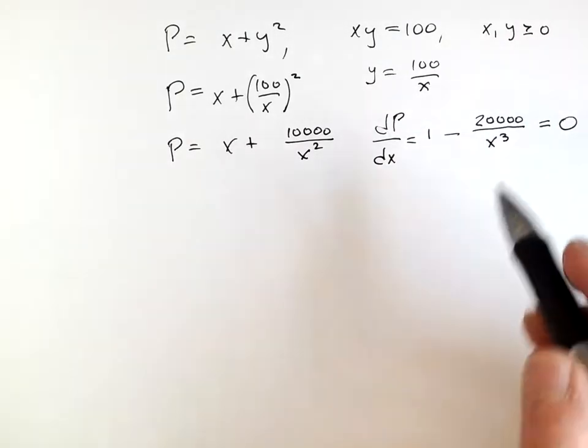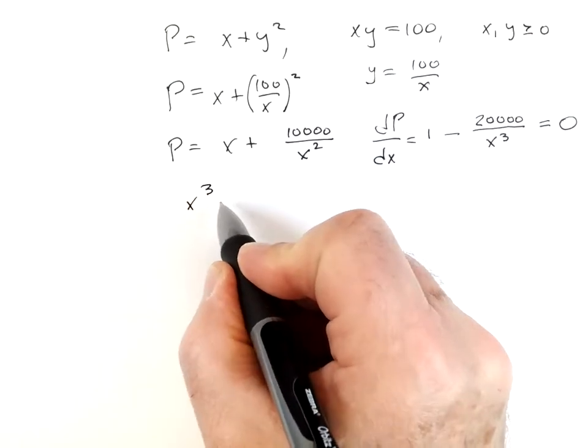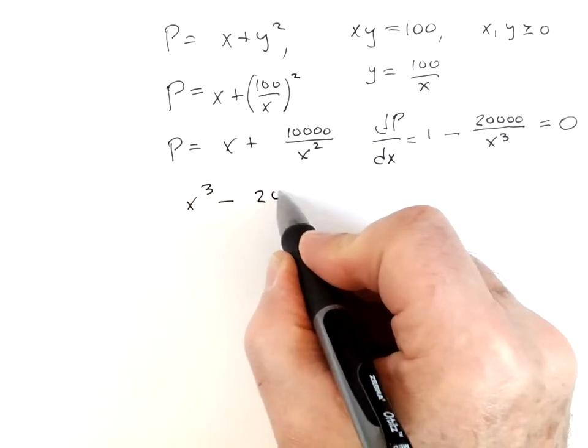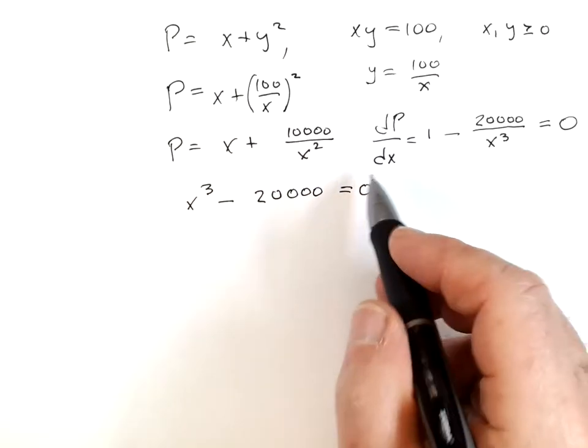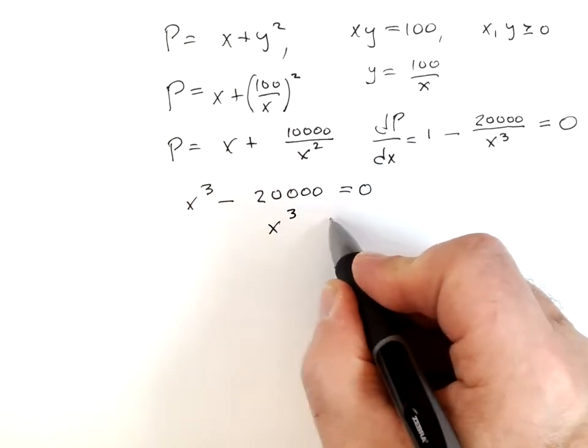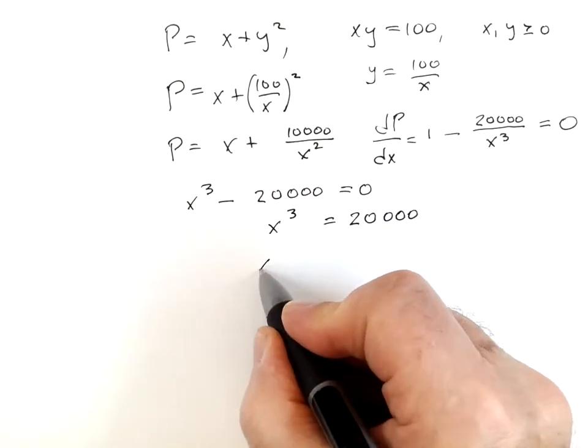Well, we can do this. Let's multiply by x cubed. Get rid of that fraction. Add 20,000 to both sides. And take the cube root.